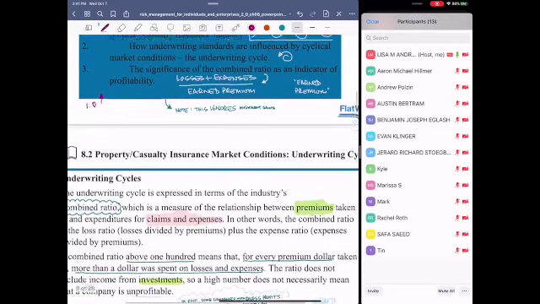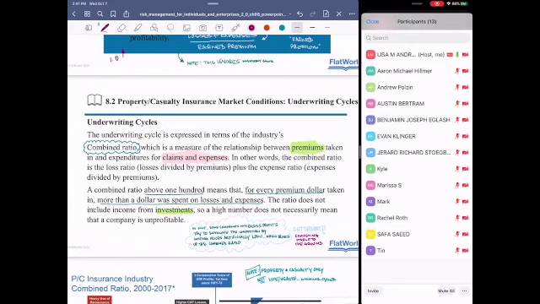So let's talk a little bit more about these cycles. This is a restatement of what we just talked about, but maybe worth repeating: the combined ratio is the relationship between premiums versus claims and expenses.